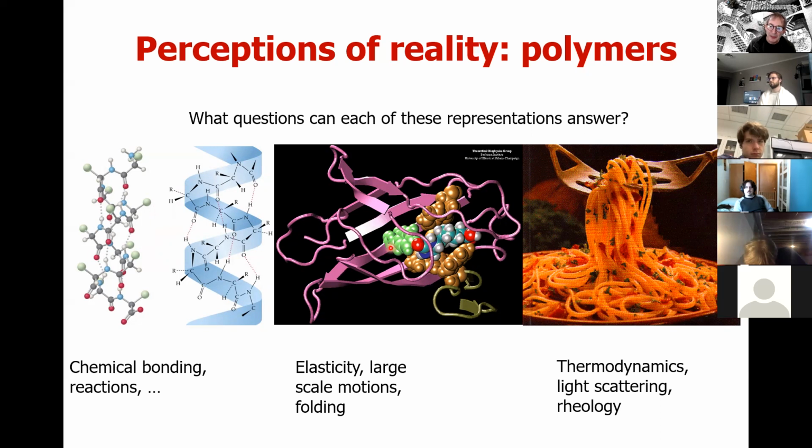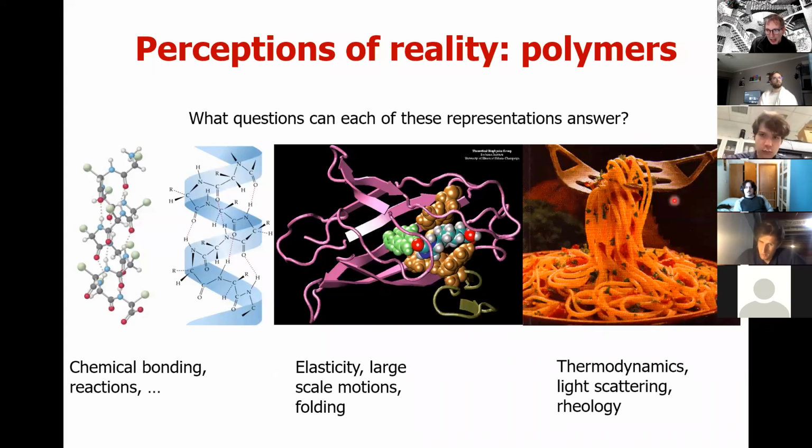And the spaghetti level of description is what you might want to use if you wanted to understand the thermodynamics of a polymer solution, or if I take polymers and stick them in a fluid, how big are they? How do they float around? So these different levels of description are good for answering different types of questions.